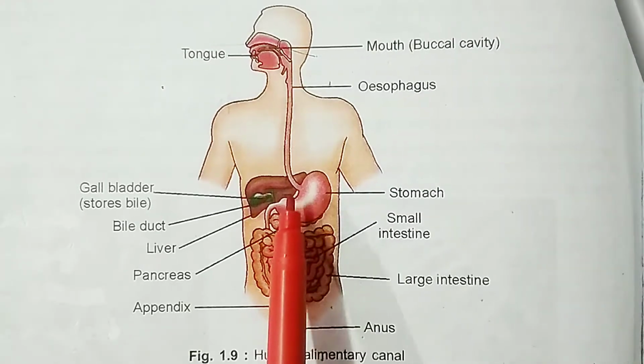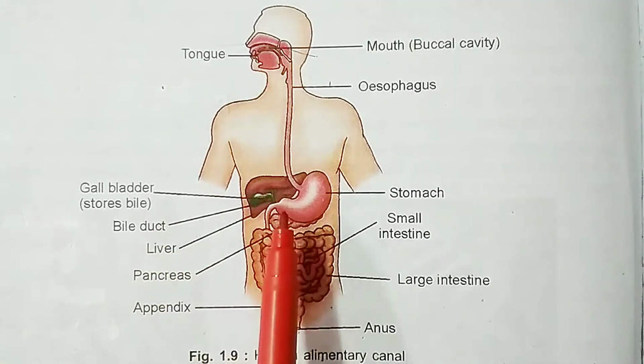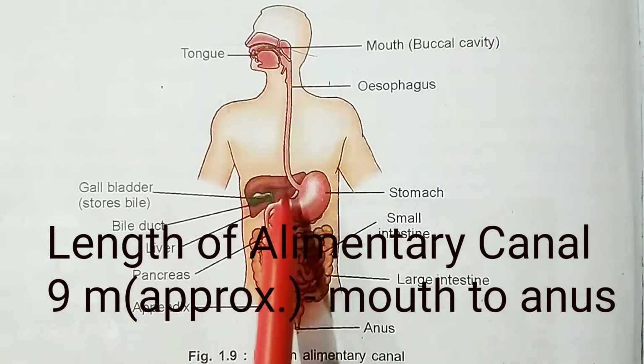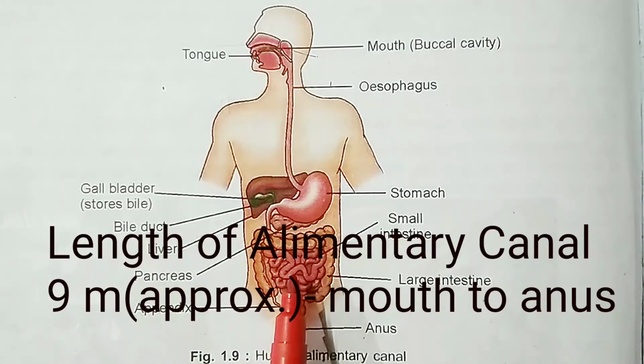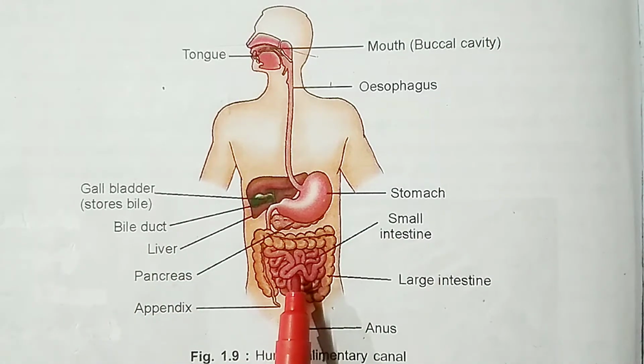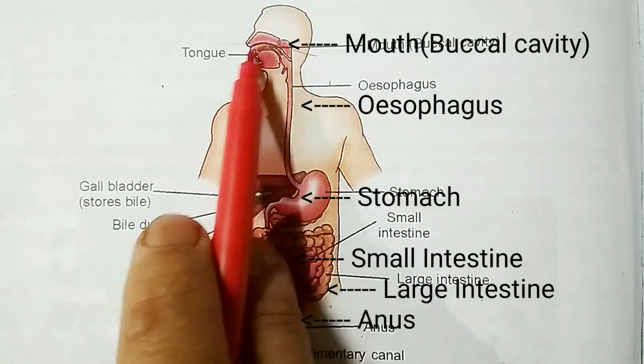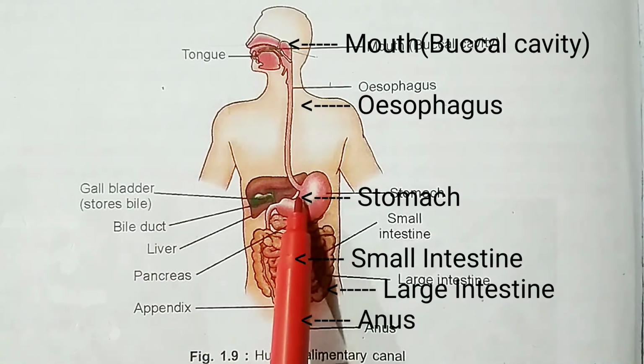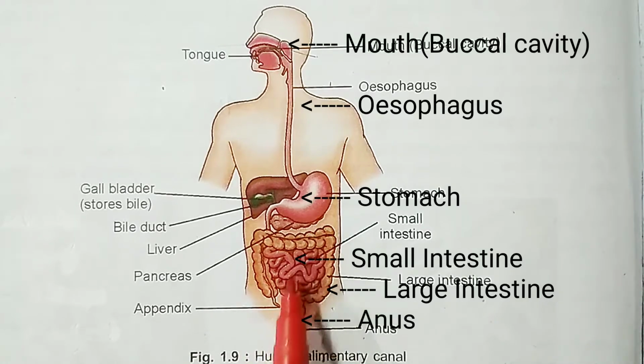In human beings, the alimentary canal is a long muscular tube and its length is almost 9 meters that passes through the body cavity from mouth to anus. So total length is approximately 9 meters in case of adults. It consists of mouth and buccal cavity, then esophagus, then stomach, small intestine, large intestine, and finally anus.